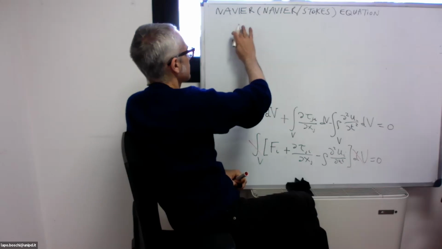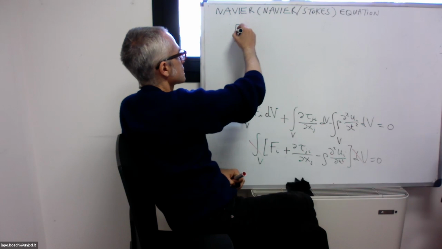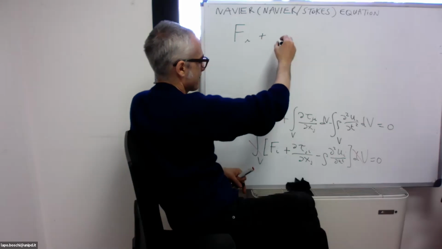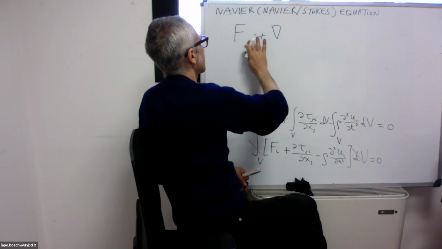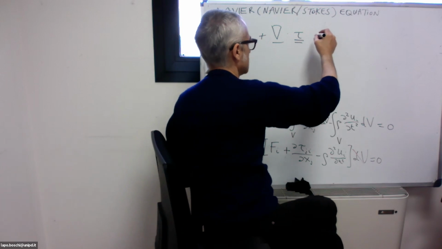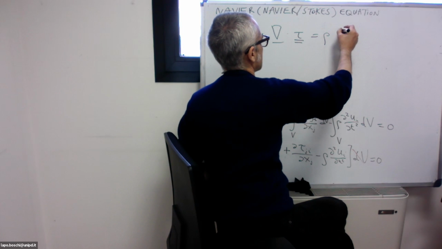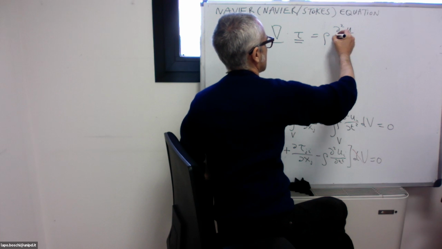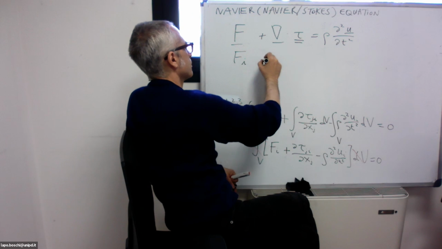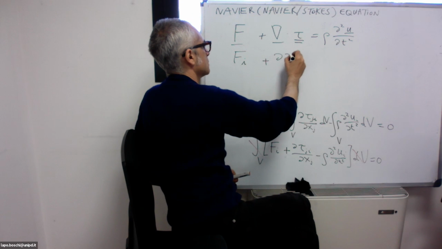And so we get the Navier-Stokes equation, which reads like this. And I'm going to write it both in vector and component by component notation.